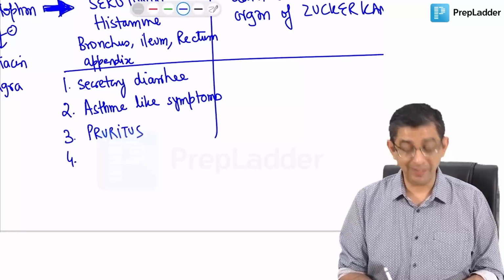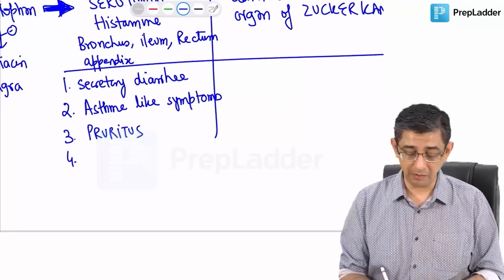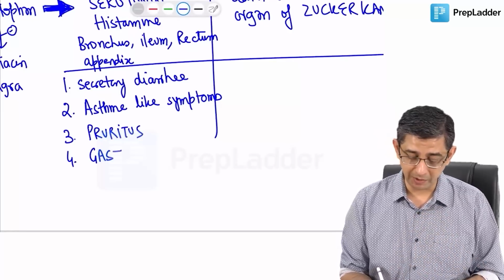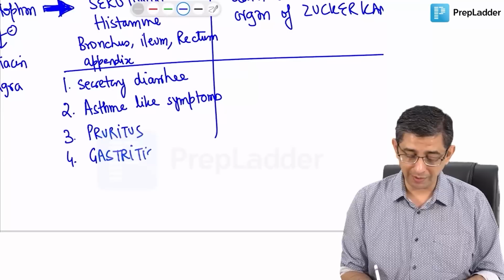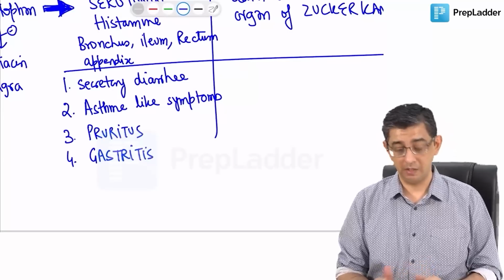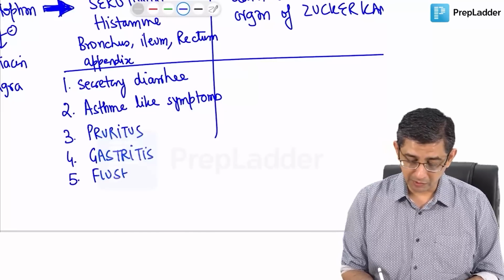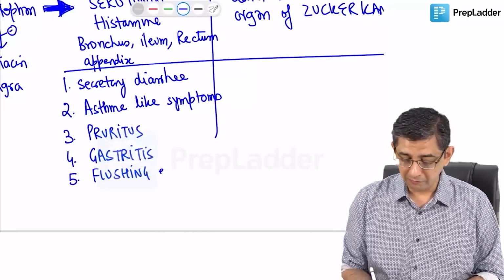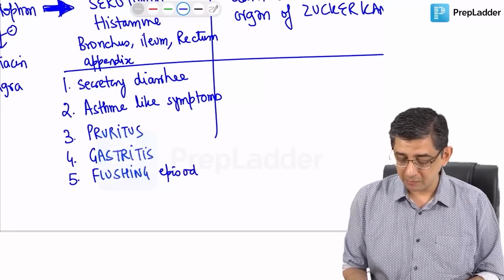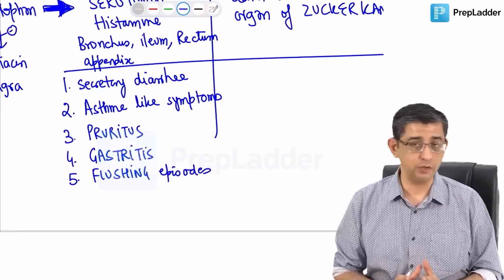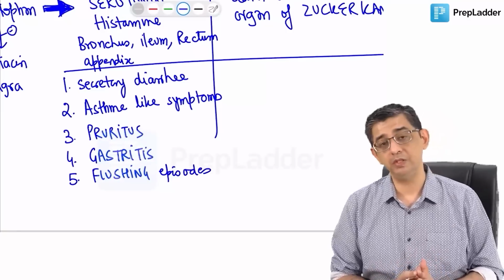Then histamine will activate H2 receptors in the stomach that can contribute to excess acid production. Therefore, epigastric pain or gastritis could be described in this patient. One of the very characteristic features that you will read in a multiple choice question of this topic would be flushing episodes. Please remember the fact that histamine causes vasodilation, so flushing episodes would be mentioned.